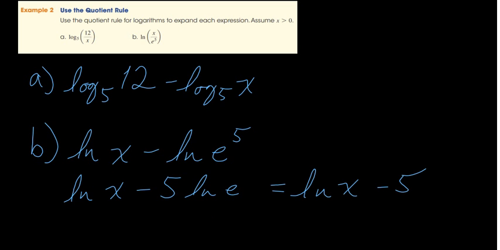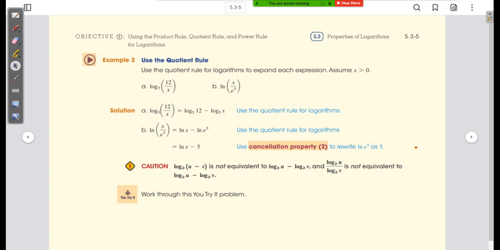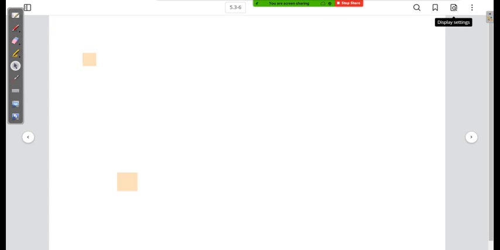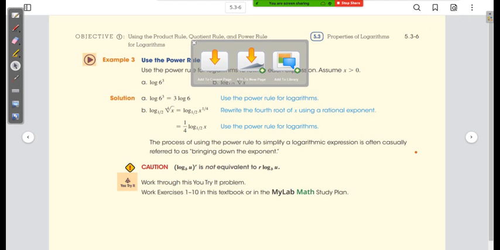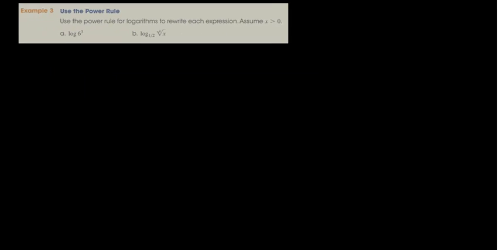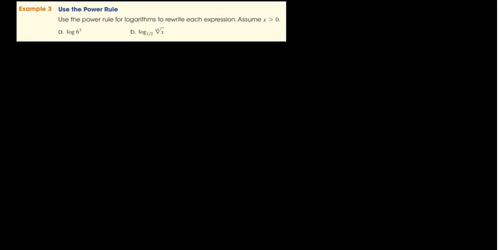And actually, I'm going to go ahead and keep that there. I guess we're going to go to the exponents now, or the power rule, sorry. We essentially used the power rule on the previous page, and now we're going to talk more about it.